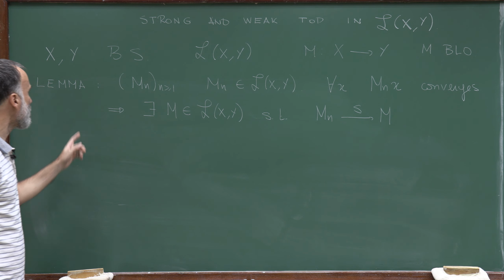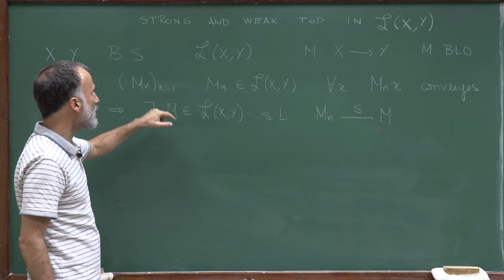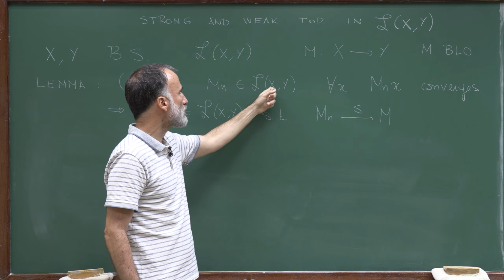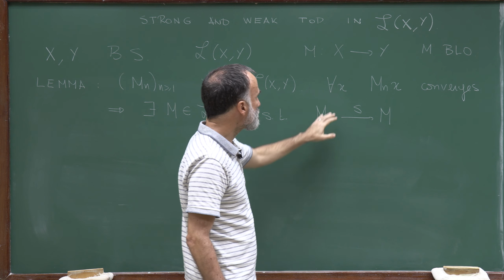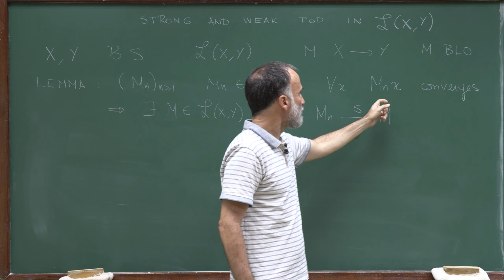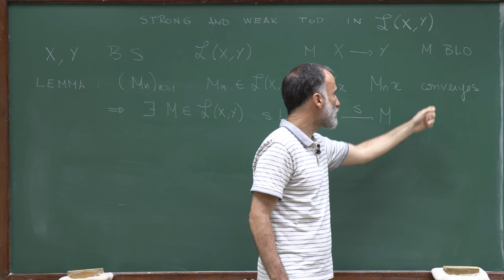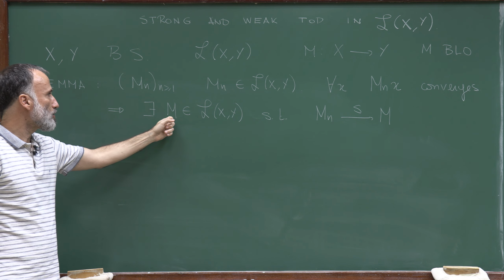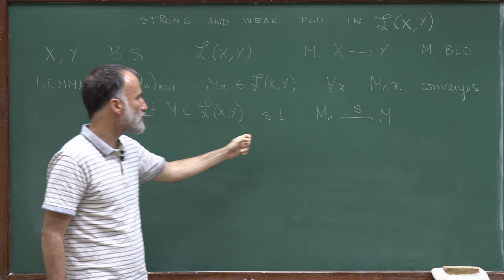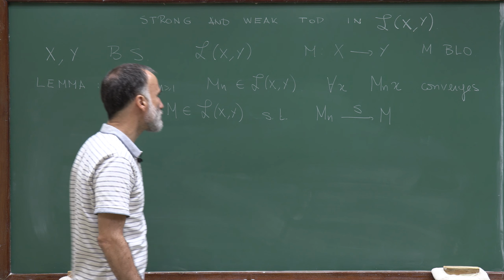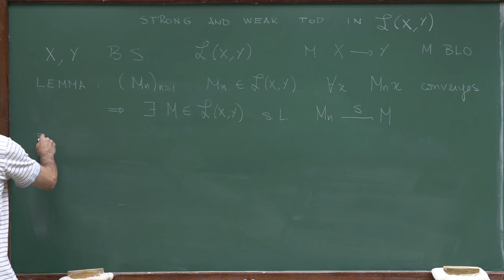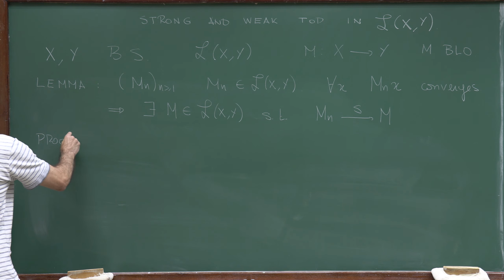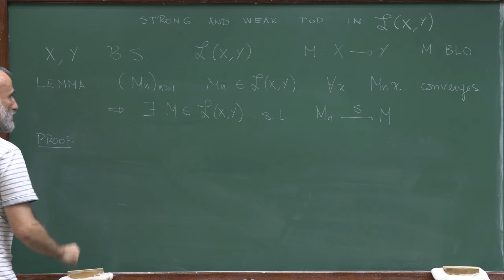So here's the lemma I wanted to prove. We have a sequence Mn of bounded linear operators from X to Y, and we assume that for all x, Mnx converges. And we want to prove that there exists a bounded linear operator M such that Mn converges to M strongly. And the proof is as follows.